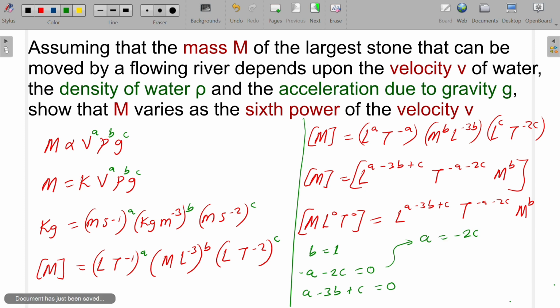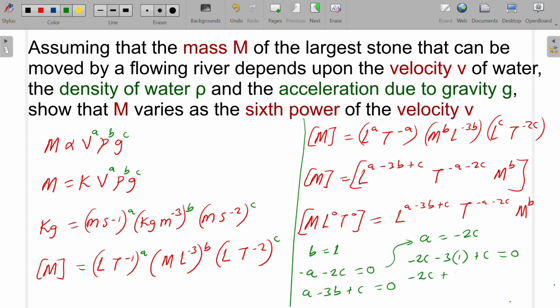After doing that, we can bring that into another equation so that we find a certain value. Let's bring it into the third equation: a minus 3b plus c is equal to 0. Where there is a, we replace it with minus 2c. So we'll have minus 2c minus 3, now b is 1, so that's 3 multiplied by 1, then added to c is equal to 0.